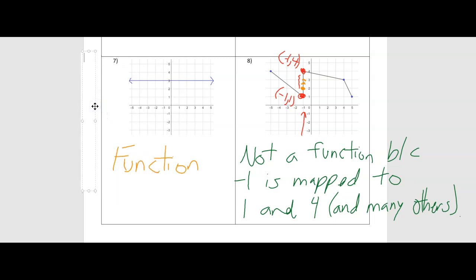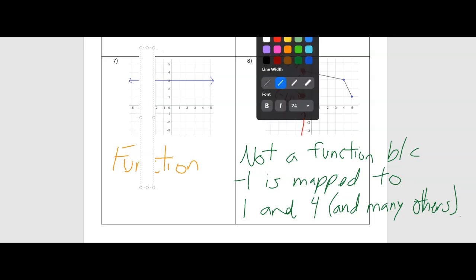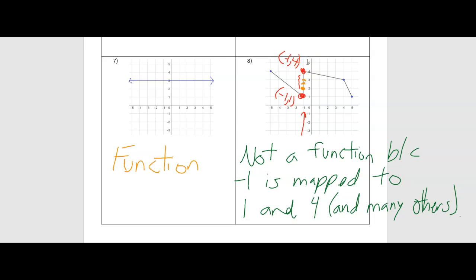And what you're going to do is start it next to the graph, and move it horizontally from either right to left or left to right. As long as your pencil or ruler never intersects the graph more than once, you can see as I'm moving this, it only touches the graph in one point.